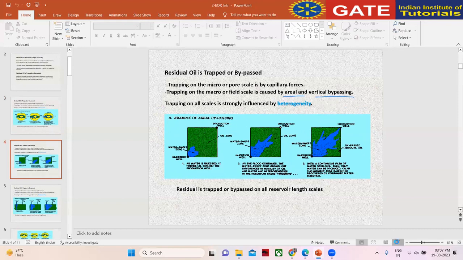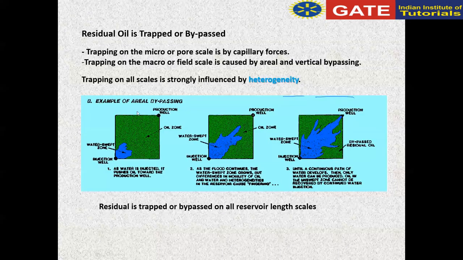Take this figure as an example of aerial bypassing. At that corner you start injection, and in the first figure you start water to sweep your oil volume.